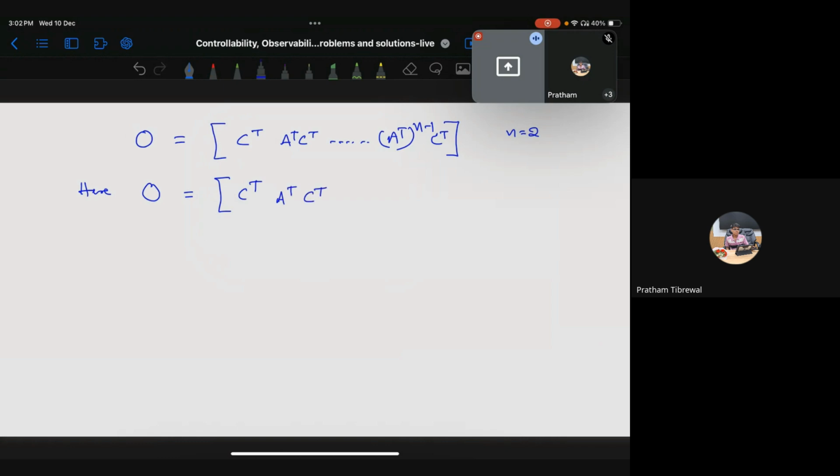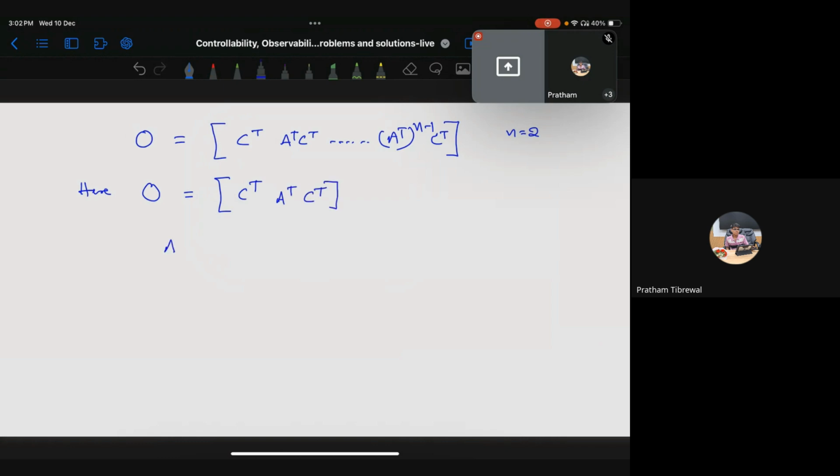Next, let us see the observability. We have to find the O matrix, which is C transpose, A transpose C transpose, up to A transpose to the power n minus 1 times C transpose. Here, since n is equal to 2, we get C transpose, A transpose C transpose.